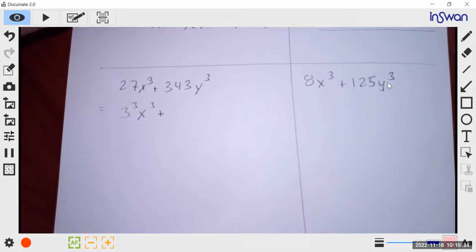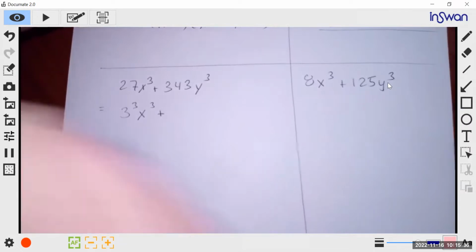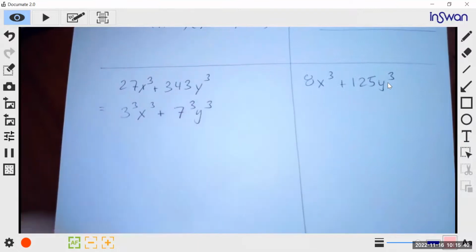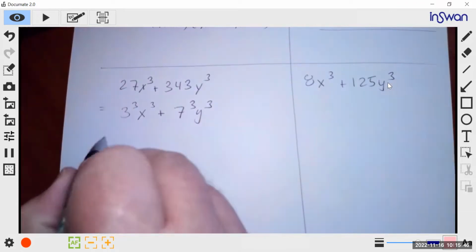We know it's bigger than 5 because 5 times 5 times 5 is 125. 6 times 6 is 36, times 6 is 216. So it has to be 7. 7 times 7 is 49. 49 times 7 is 343.